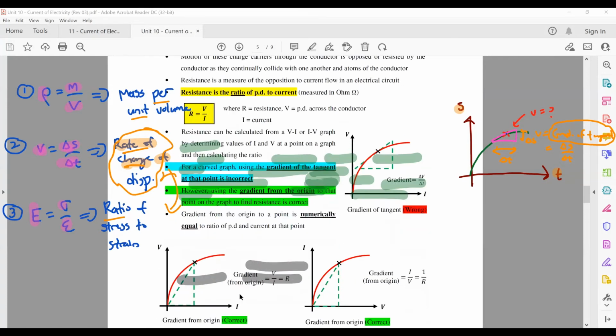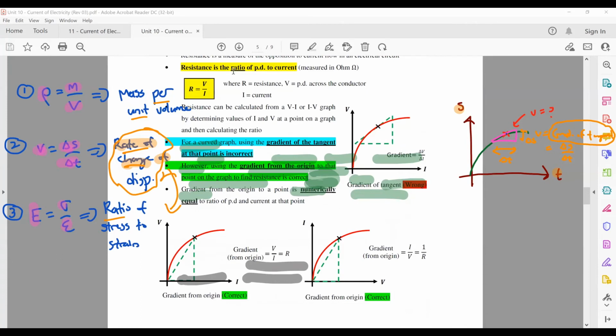The reason why we say that is something like this. If you look at the graph at the bottom, this is the same PD to current graph. I again want to find out the value of resistance here.